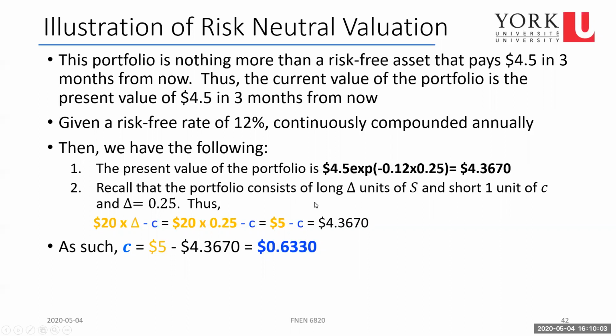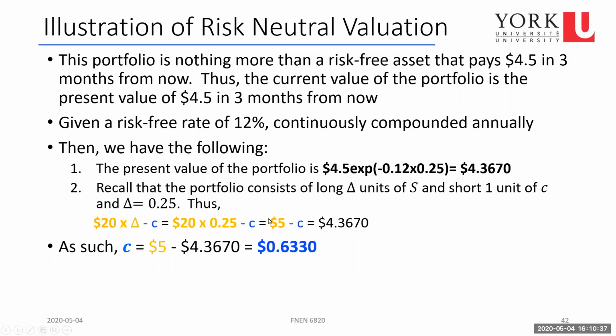So your portfolio is worth 4.367, and your portfolio is 20 times delta minus C. So 20 times 0.25 minus C is equal to $5 minus C. Delta is 0.25, and 20 times delta is 5.